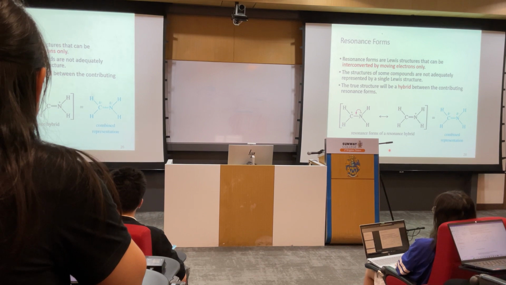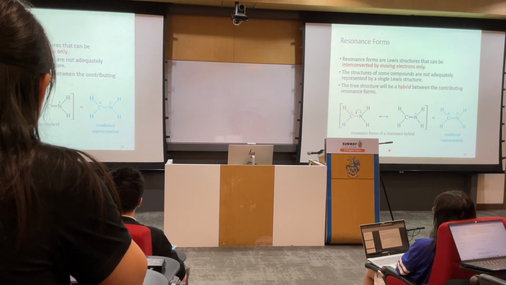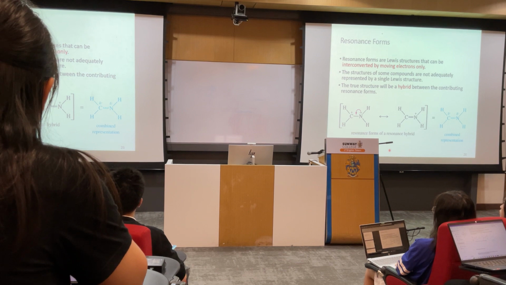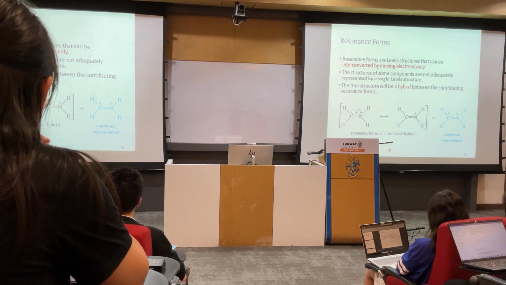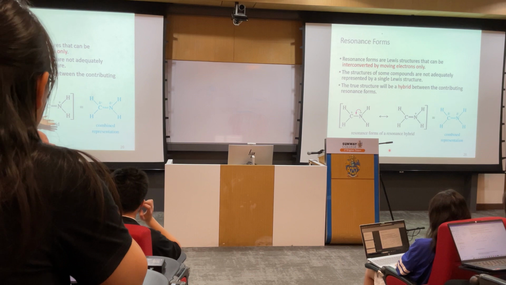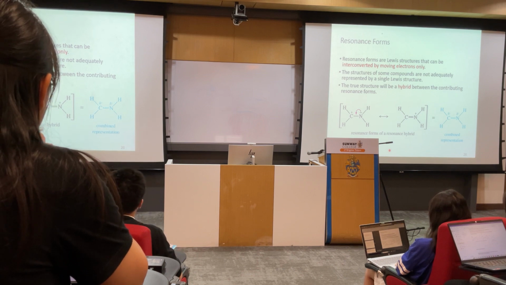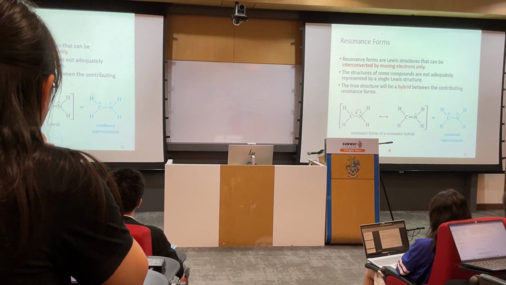There's nothing wrong with this structure, right? Every element has proper bond pairs, lone pairs or whatever. But then another person drew it like that. Again, there's nothing wrong with this. Everything is followed as per the instructions of Lewis, right?